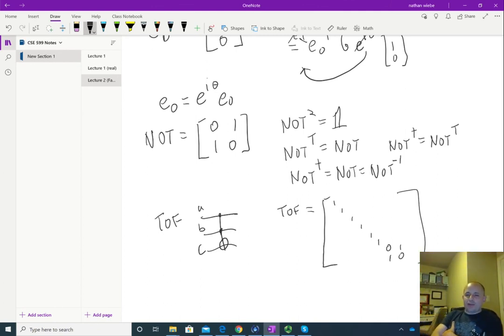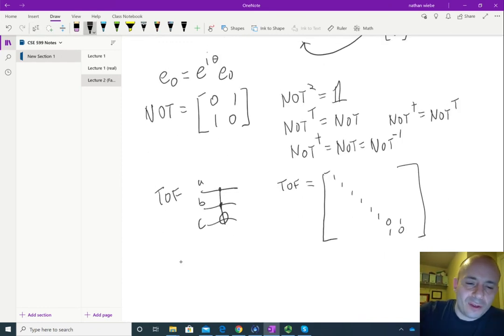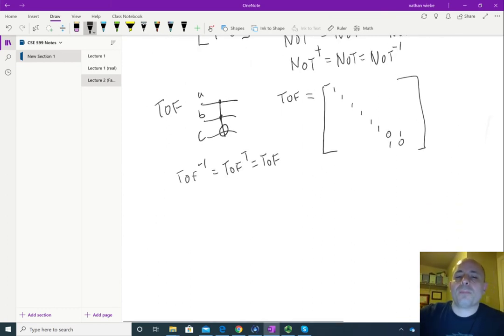And you can see immediately from this that this is, in fact, a unitary matrix. Again, Toff inverse equals Toff transpose equals Toff, just like we did before.